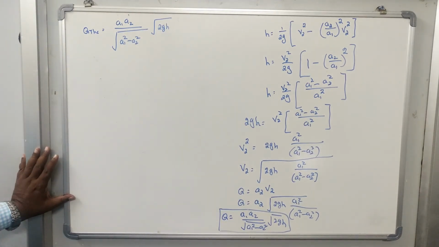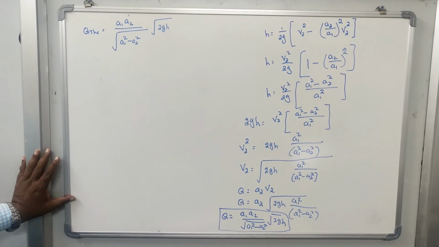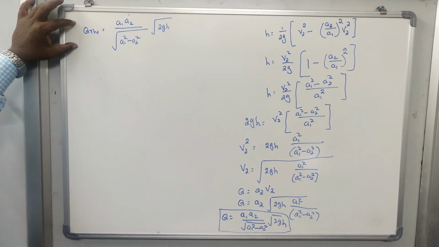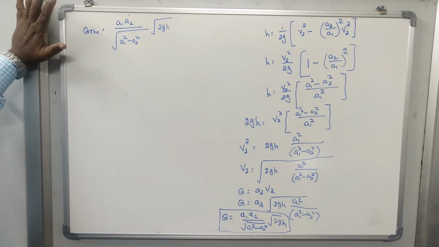But actually ideal fluids do not exist in practice. So we actually apply this equation to real fluids. A real fluid, like water, is an incompressible fluid whose mass density remains constant.